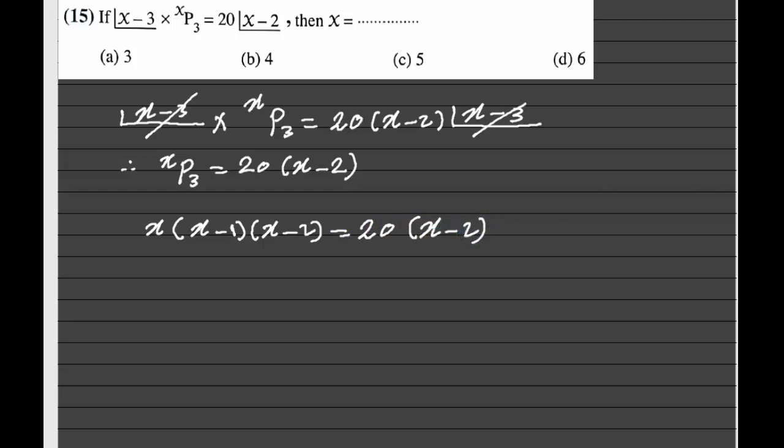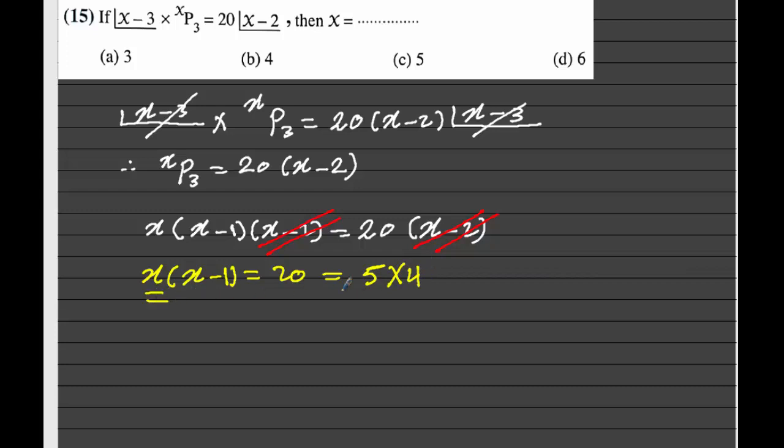So dividing both sides by x minus 2, what do we get? We get x multiply x minus 1 equals 20. And we can solve it by this method, considering 20 equals 5 multiply 4, right?